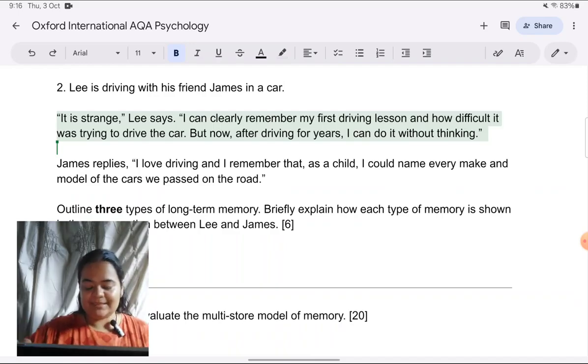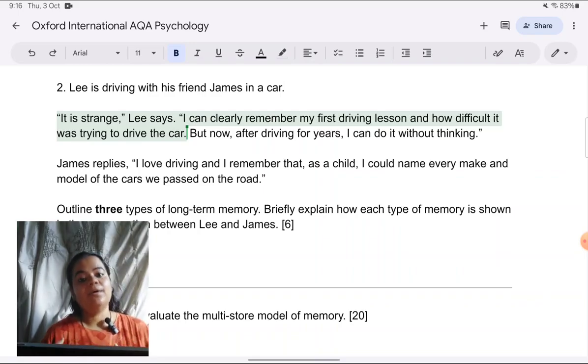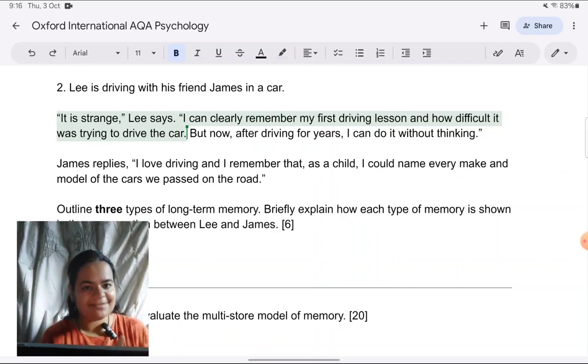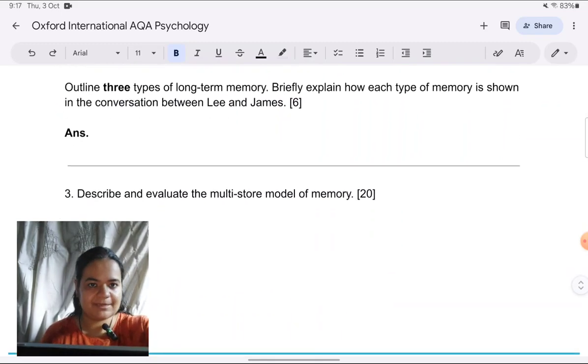Okay, let's just take it till there for now. Because this is clearly indicating one type of memory, which is episodic memory. Within types of long-term memory, you have learned that episodic memories are memories for events that one has experienced. Here Lee is talking about how his first driving lesson took place, what problems he had in that. He remembers that entire event. So this is indicative of episodic memory. First I'll write about this, then I'll discuss further types of memories.